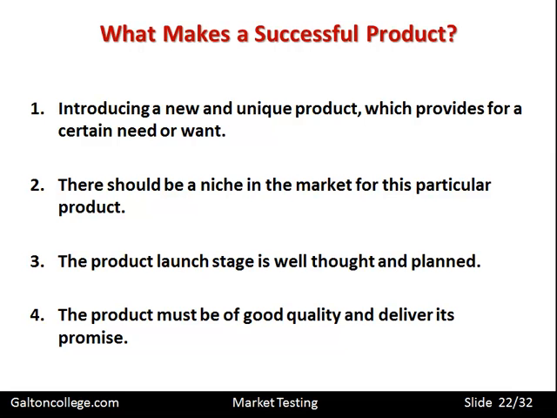Of course, it goes without saying almost that the product must be of good quality and delivers what it promises. It's absolutely essential that the product is good quality, so it's perceived by the purchasers as good quality. Perhaps the image of the product goes with the other products that the company produces.